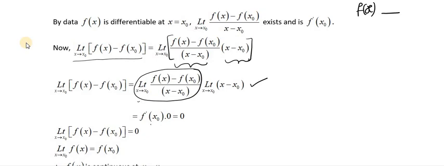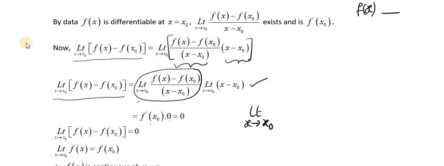Whenever we replace x with x naught, x minus x naught is 0, and 0 into anything is 0. So the limit of this function, that means f of x minus f of x naught, is 0. Now we are going to apply the limit separately in the LHS.